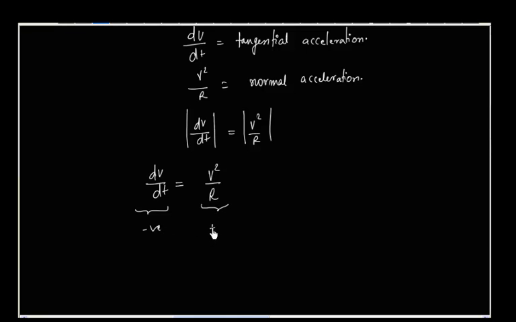Now dv by dt is negative because it moves with deceleration, that is, as time increases, velocity decreases. To make this equation sign wise correct, we have to multiply by a negative sign.